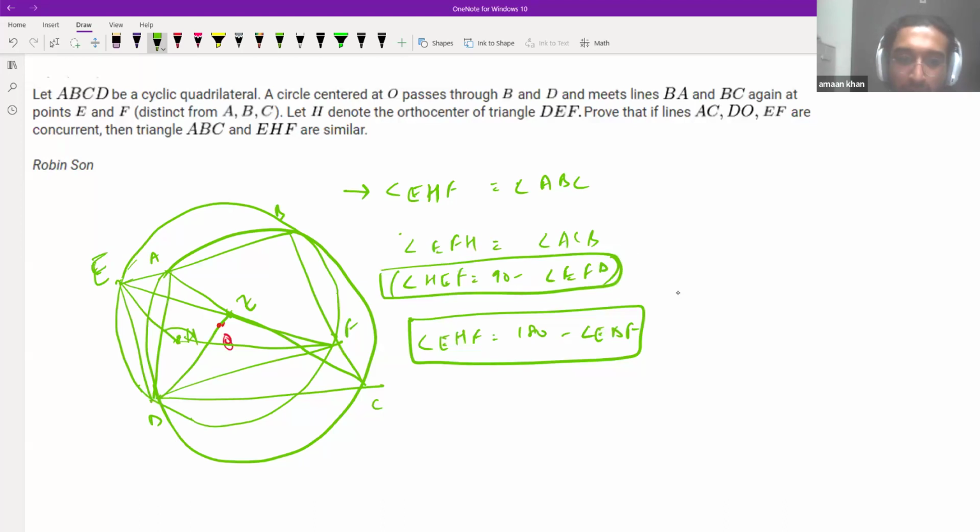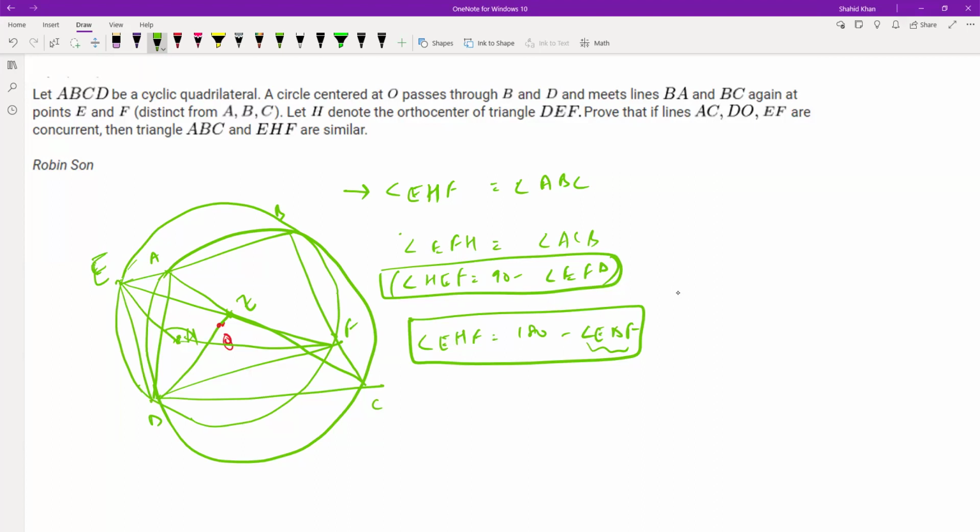You only need to work with the points E, D, F. How can you relate EDF now to the other angles which are involved in the diagram?